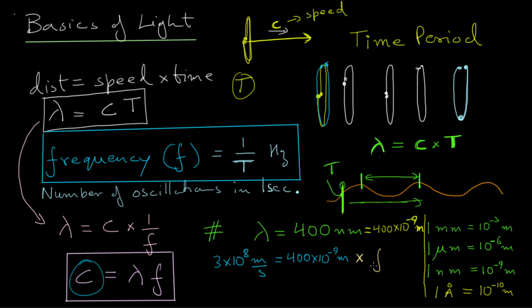Into F, right? So what unit remains? 1 by second unit remains, no? Meter gets cancelled, and 1 by second unit remains.